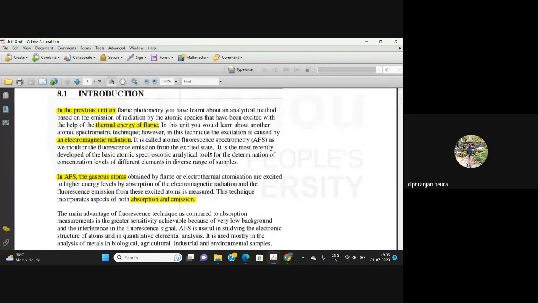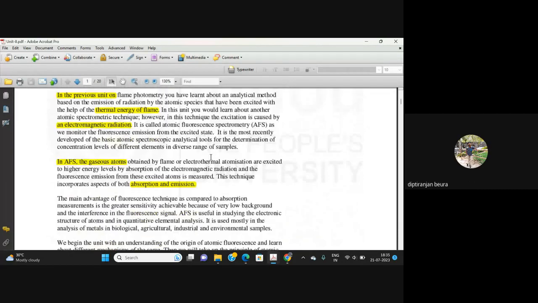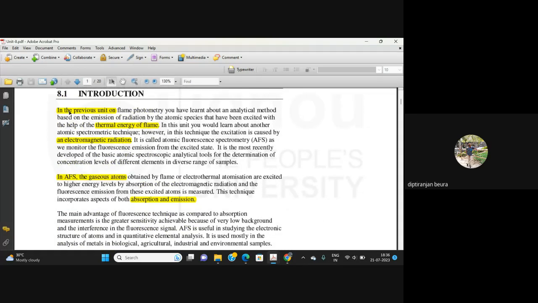So come to atomic fluorescence spectrometry. In the previous unit, we discussed flame photometry, an analytical method based on the emission of radiation by atomic species that have been excited with the help of the thermal energy of the flame. In this unit, you will learn about another atomic spectroscopic technique.